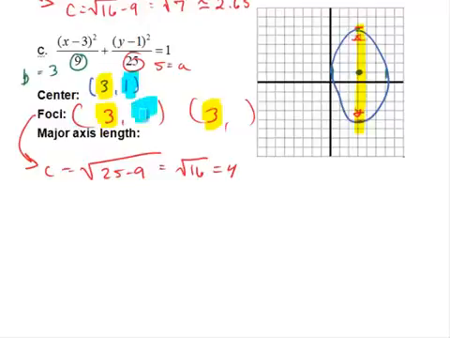But we are going to change this value. So we're going to say 1 plus 4, which is 5, and 1 minus 4, which is negative 3. And on your graph, sure enough, this one here is 3, comma, 5, and this one here is 3, comma, negative 3. Length of your major axis is 5 plus 5, so 10 units.